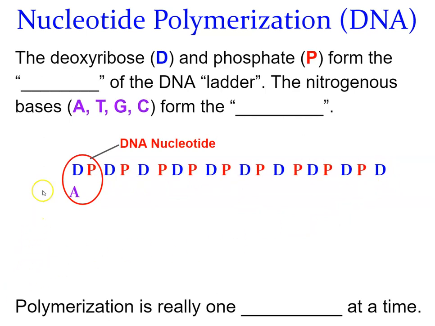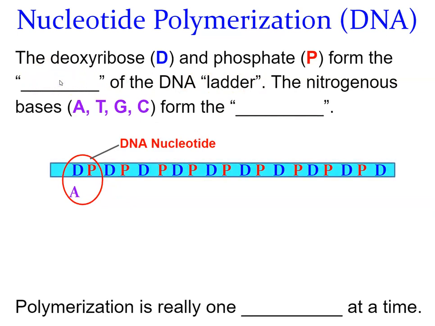And remember, you can pause if you need time to do that. And again, what this represents, if we're using the ladder analogy, like we are here, is what we're going to refer to as the rails of the ladder. But you could also refer to it as the backbone of a polynucleotide.